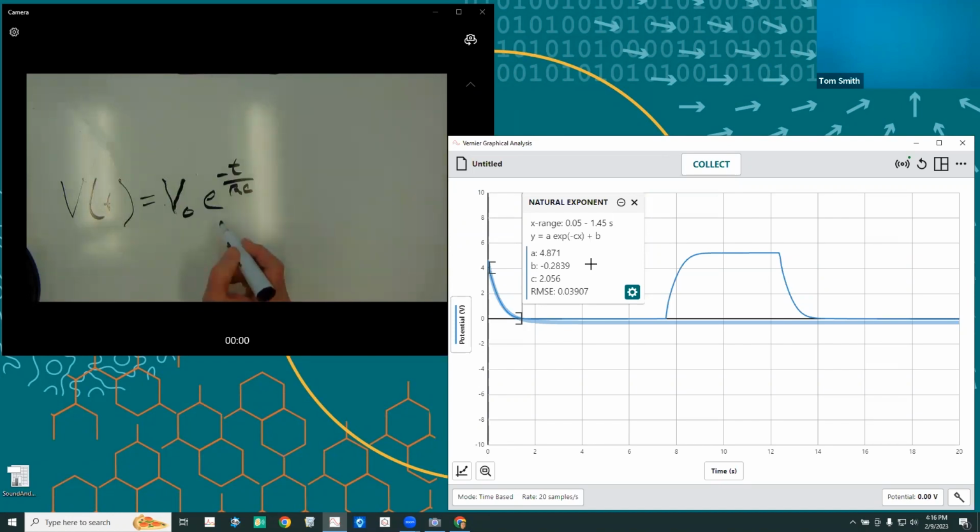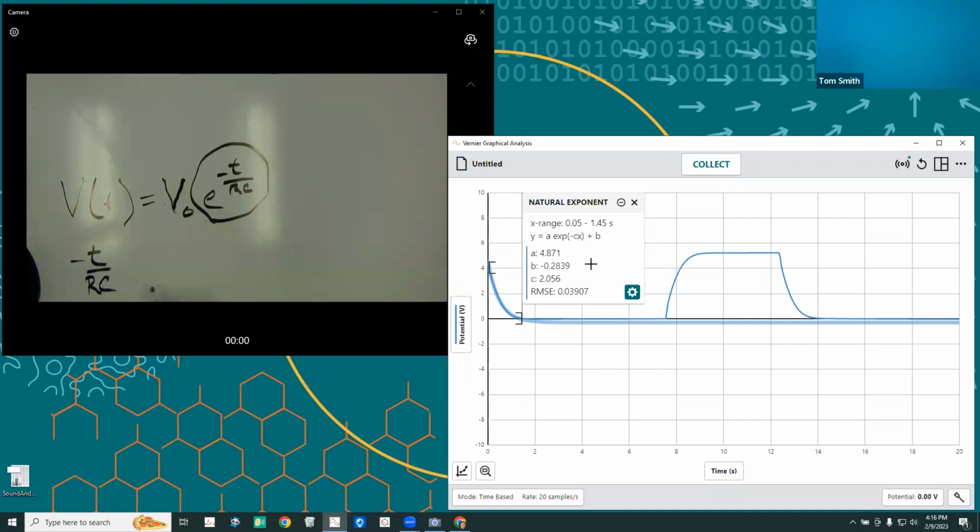And if we take a look at this picture right here and focus on this idea right here, negative t over RC, the word time constant is a little misleading in some ways. Students may wonder, well, what does that mean? Is that when all the charge is dissipated, or what exactly is that referring to?